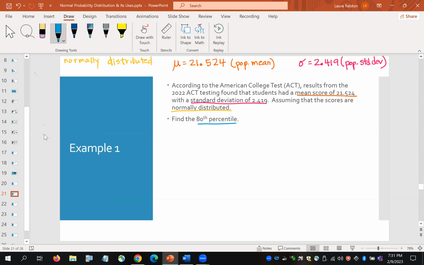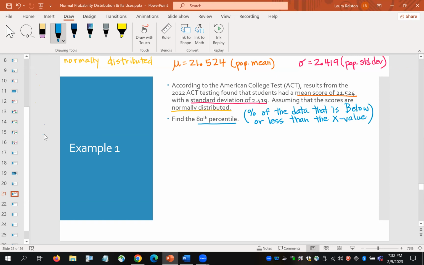A percentile is the percentage of the data that is below or less than the X value.